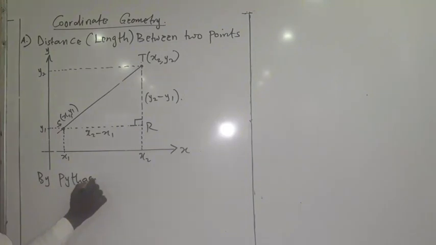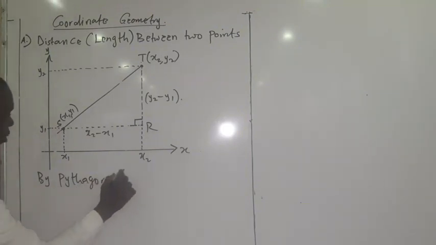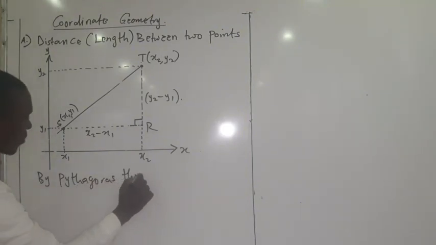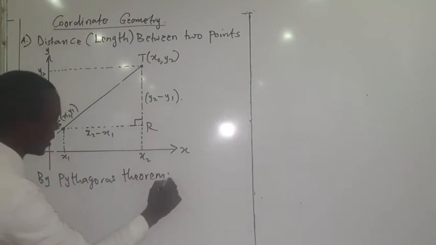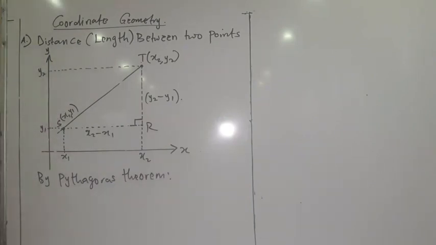Pythagoras theorem states that the hypotenuse squared equals the adjacent squared plus the opposite squared. And how do we identify our hypotenuse side?